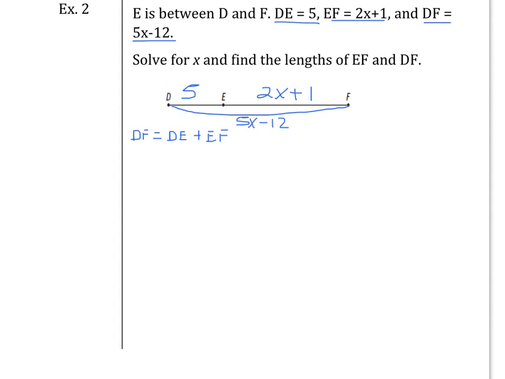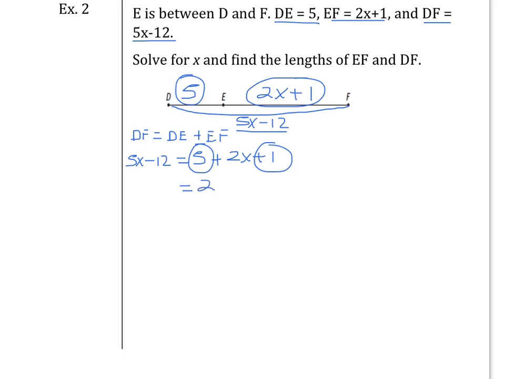DF is 5x minus 12, so 5x minus 12 equals DE, which is 5, plus EF, which is 2x plus 1. Okay, so let's simplify the right hand side. We combine numbers with numbers, so we end up with 5 plus 1, that's 6, so 2x plus 6, and on the left we haven't done anything yet.